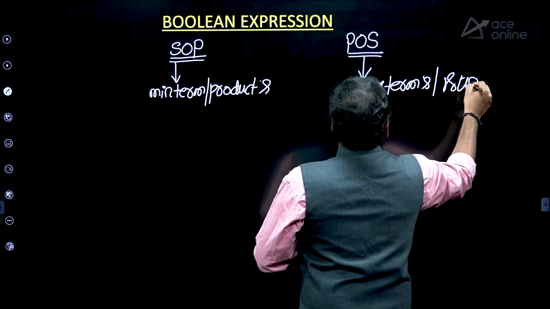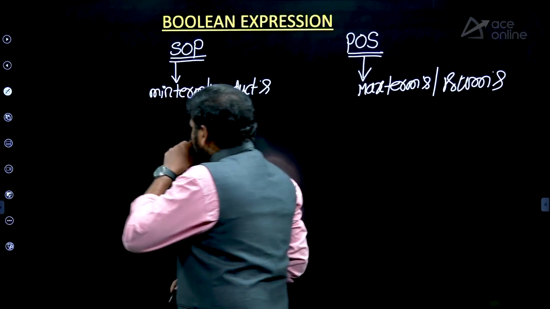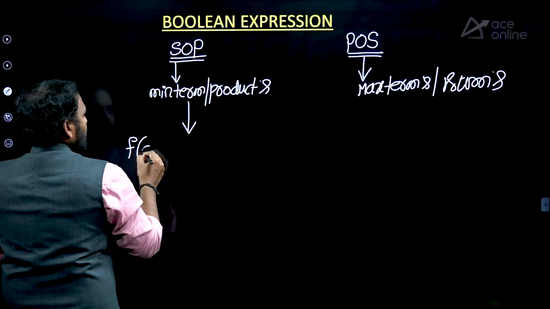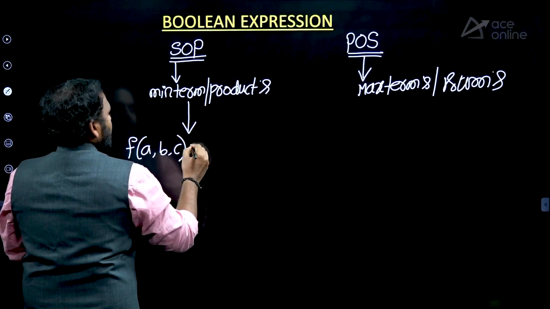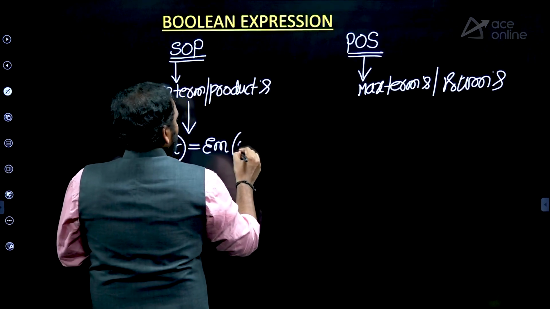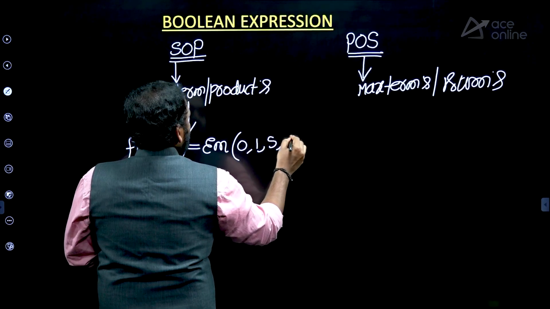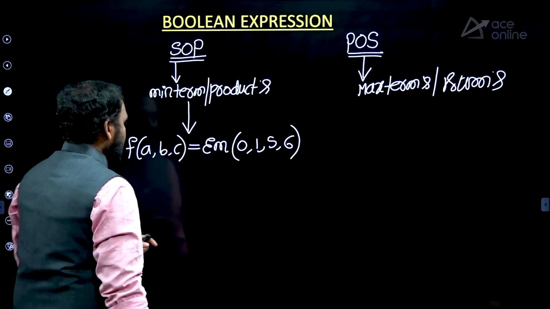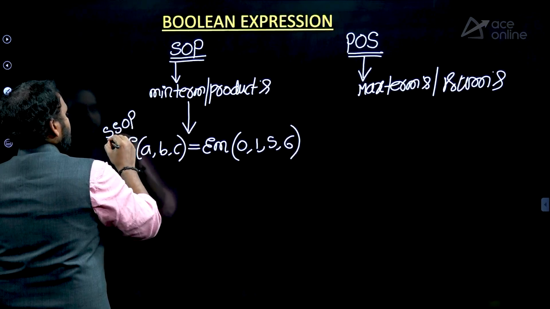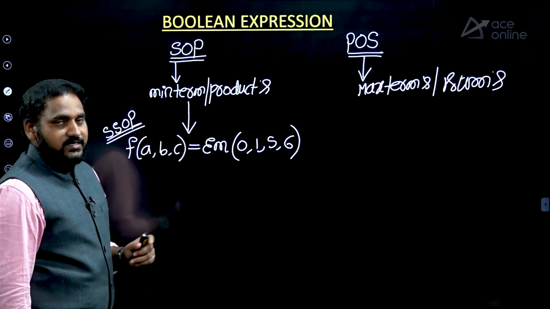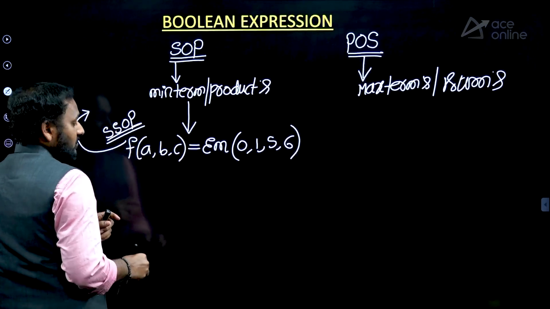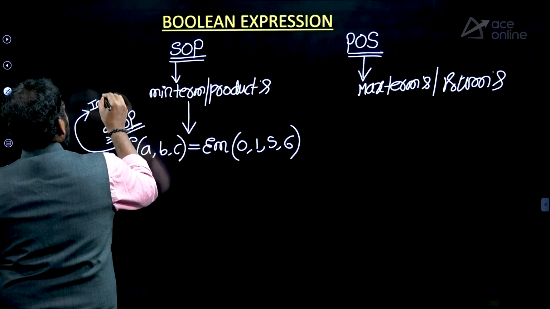Simply I am writing sums. The function format will look like this. F of ABC is equals to sigma m of 0, 1, 5, 6. This is actually the standard SOP form. We can call it sum of product SOP form, but it is in integer form. It is also correct because it is integer form.